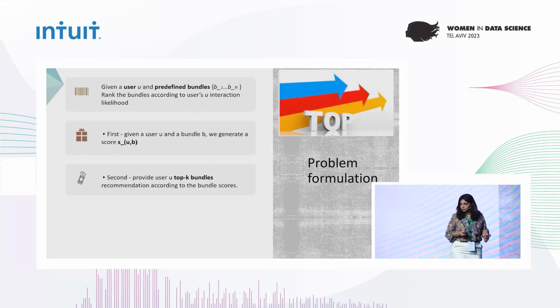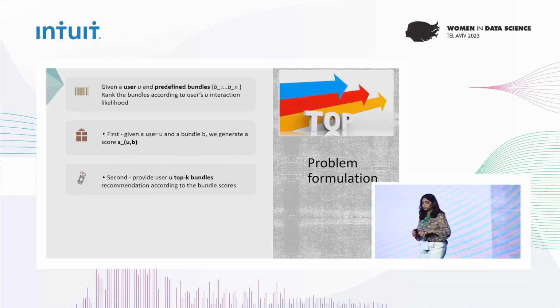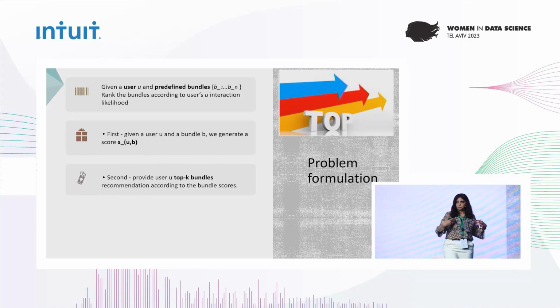So the setting is that we have users and predefined bundles, and we try to give a score for a bundle for every pair of bundle and user, and then provide top-k recommendations based on this score.